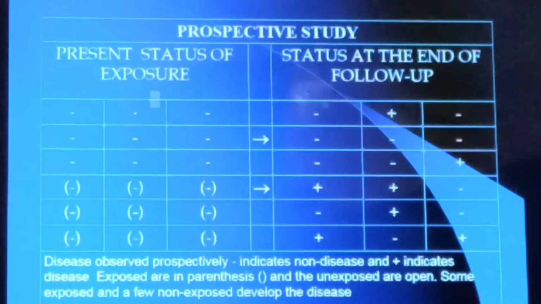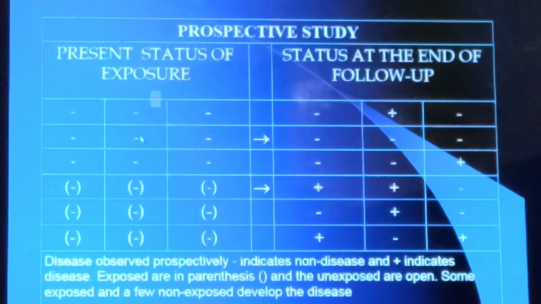Then coming to the prospective study. Here what we are taking is exposure and non-exposure. Let us say we select a group of smokers, and this bracket indicates smoking, and a group of non-smokers, and they are followed up in future to see how many develop lung cancer or any other related disease.